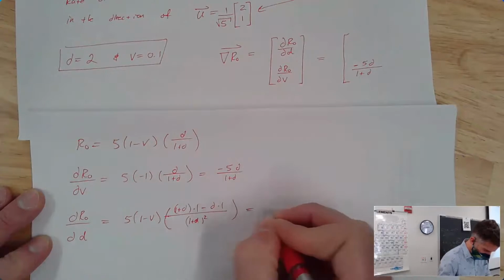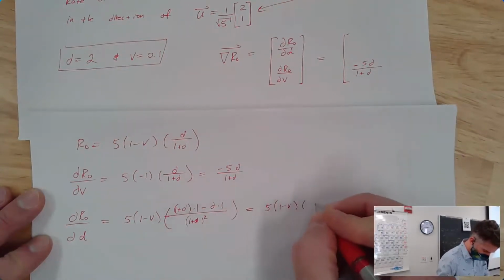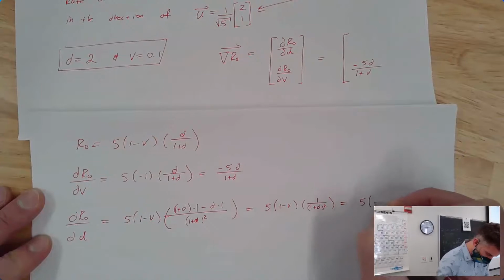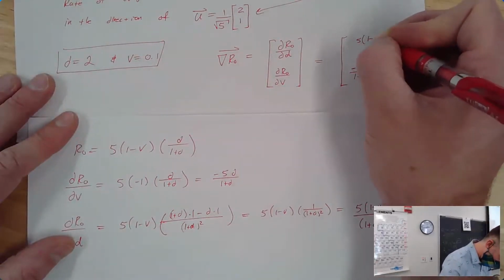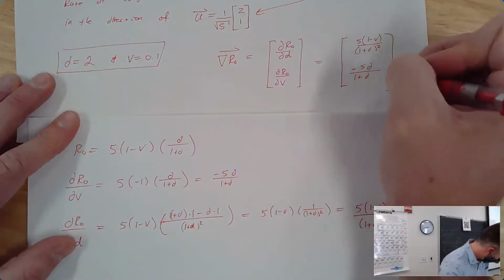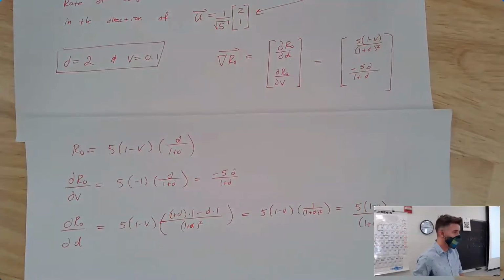That does simplify. 1 plus D minus D is just 1. 1 plus D squared. Looks like we've got 5 times 1 minus V over 1 plus D squared. So there's my gradient in general.